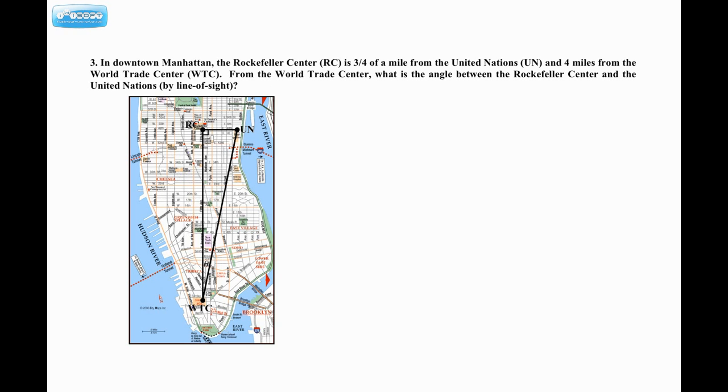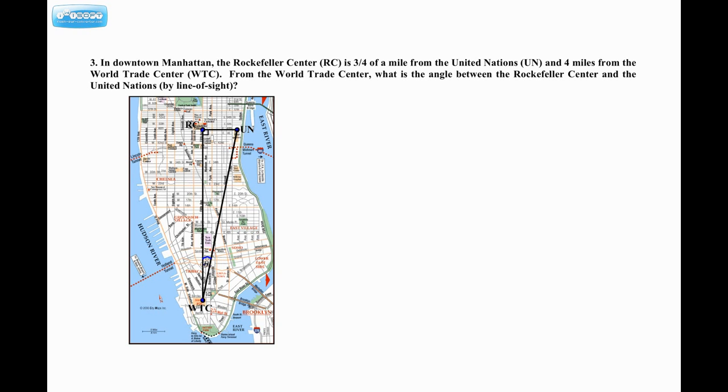So here's a bird's eye view of the southern part of Manhattan. So here's the triangle. Here's where the World Trade Center is. Straight up here, that's where the Rockefeller Center is. And over here to the right is the United Nations. Okay, and we want to find this angle right here. So you can see I've actually written theta.